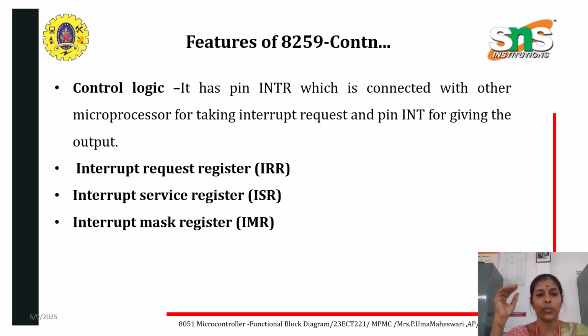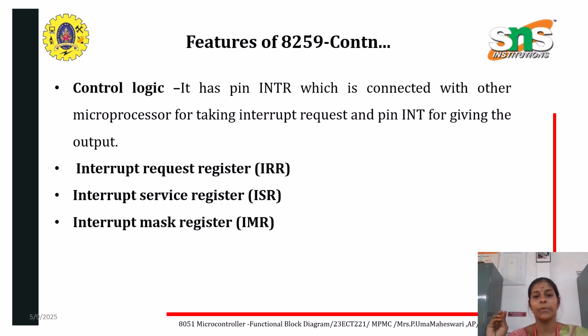For that you need to save the address in a particular manner, and that is called an interrupt service register. In that interrupt service register, one vector table is there.